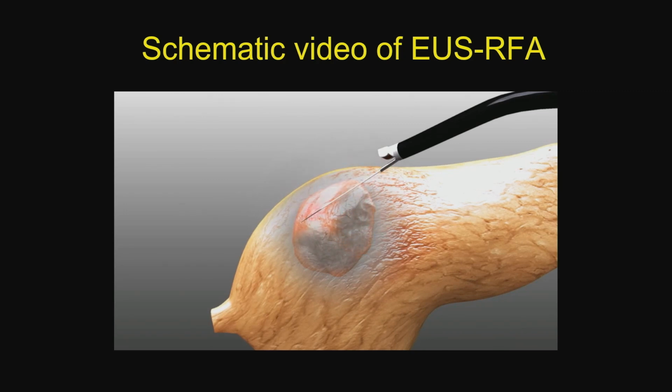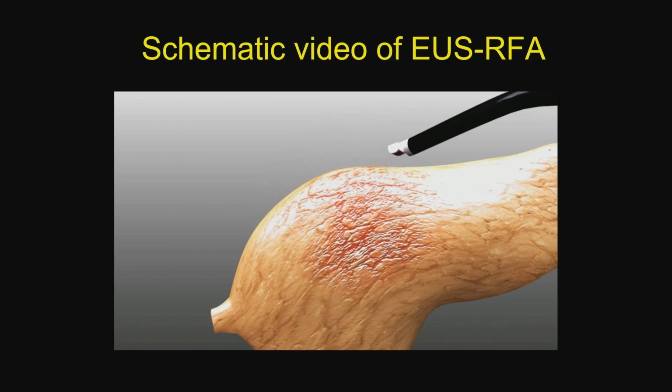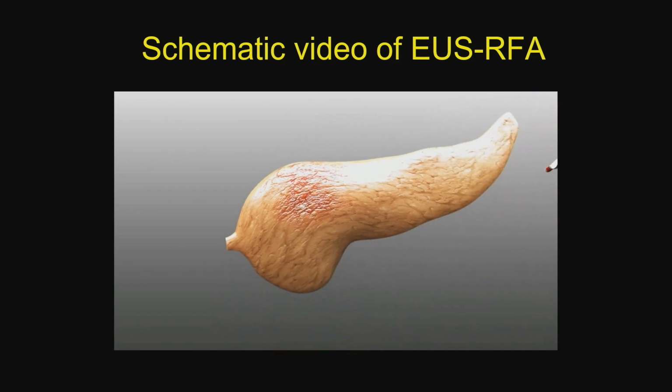After one line of ablation, we can change into a different direction and create another area of ablation. By repeating this maneuver in several different planes, we can create whole tumor ablation.